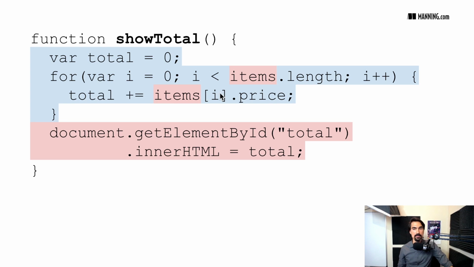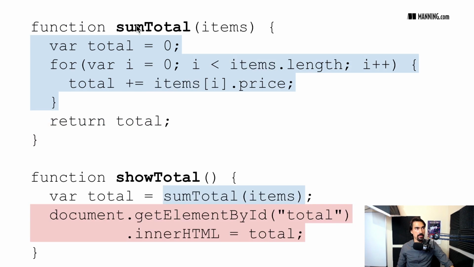But I've highlighted in blue all of this other stuff that's not really an action in here. This iteration through the items array and adding to total, all that stuff is going to give you the same answer. If items were the same, this total is always going to be the same. So we can probably look at this blue stuff and try to extract that out as a calculation.